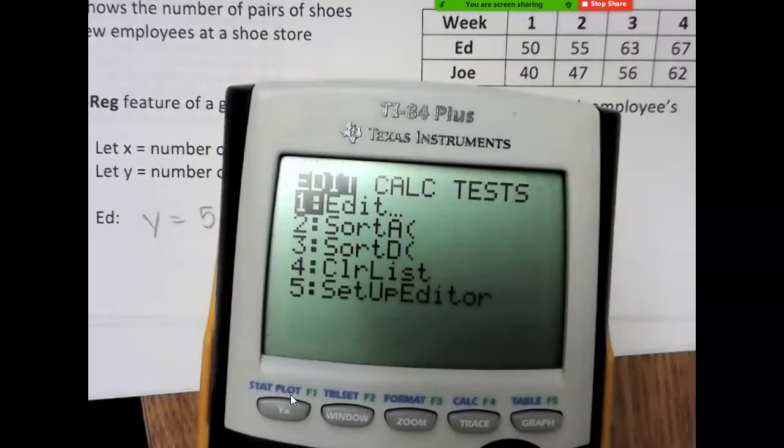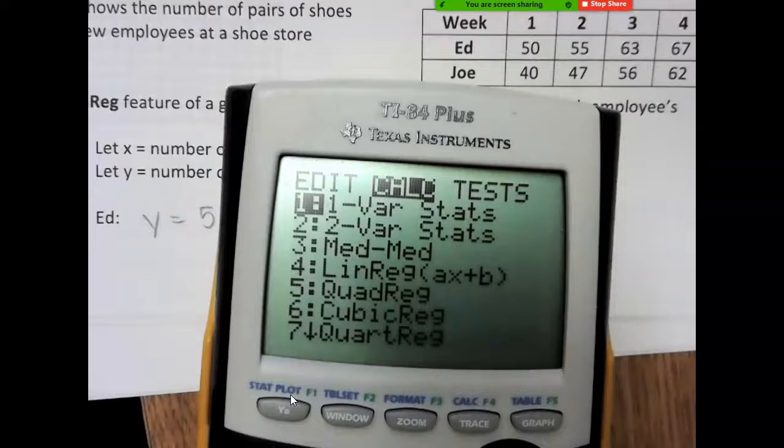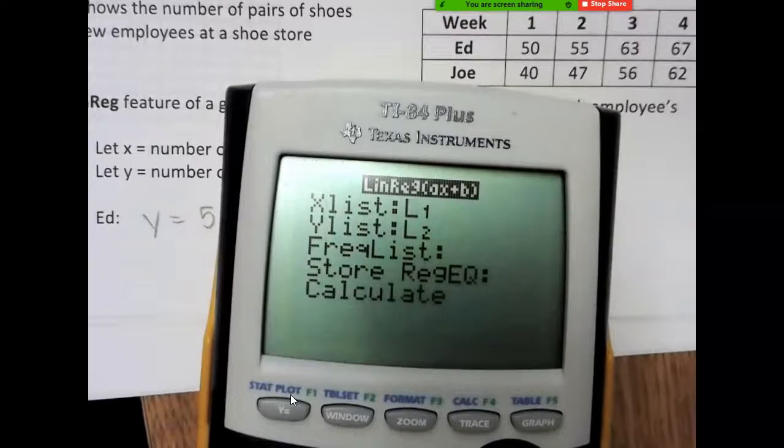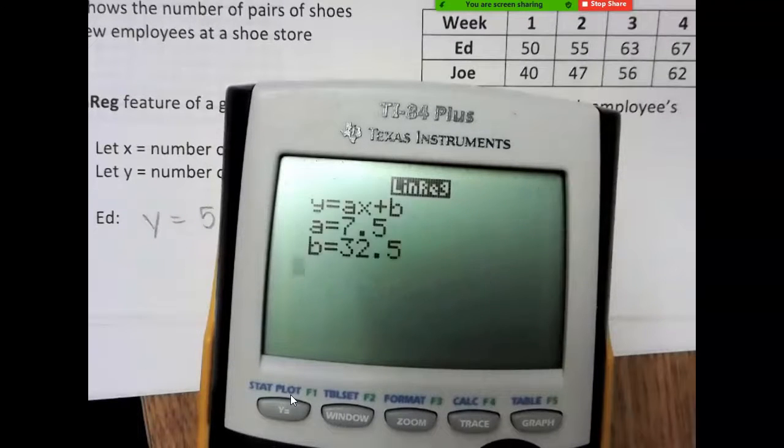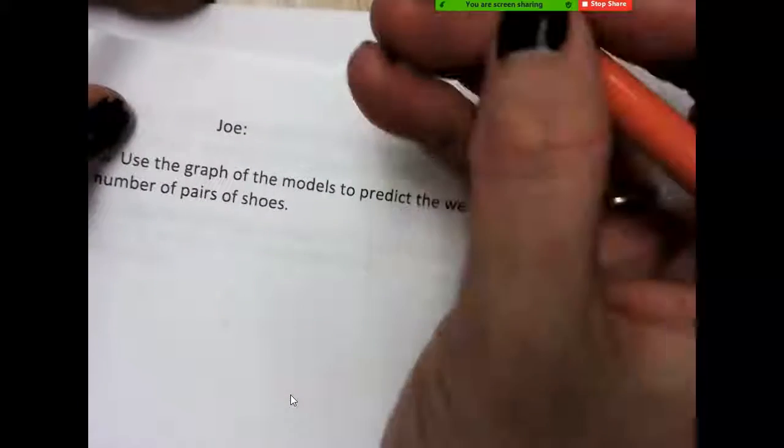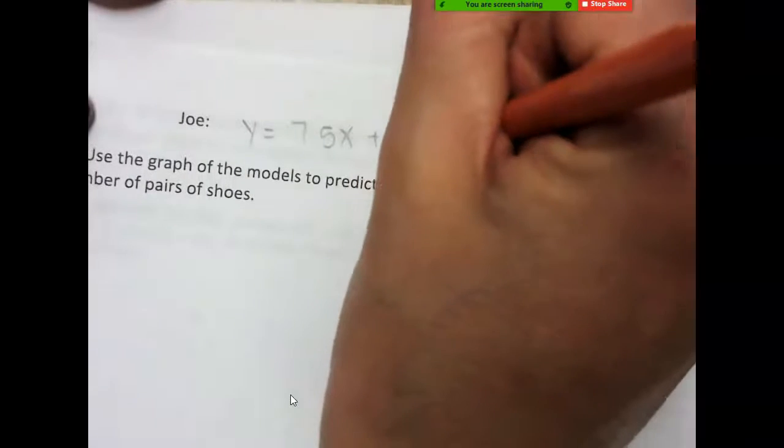Go to Stat, go to Calc, and back to option number 4. So now you get a new a value and a new b value. So that represents Joe. So Joe is y equals 7.5x plus 32.5.